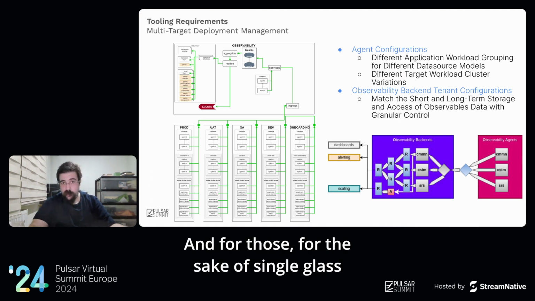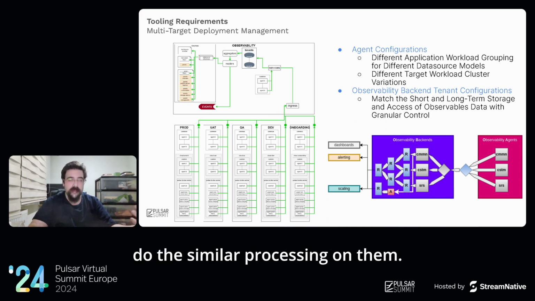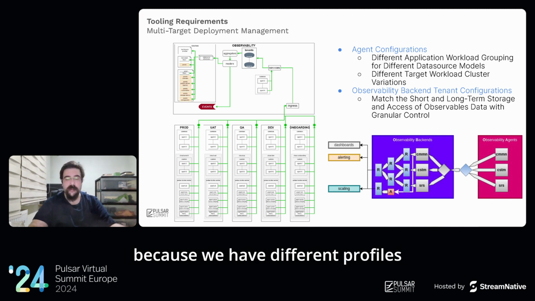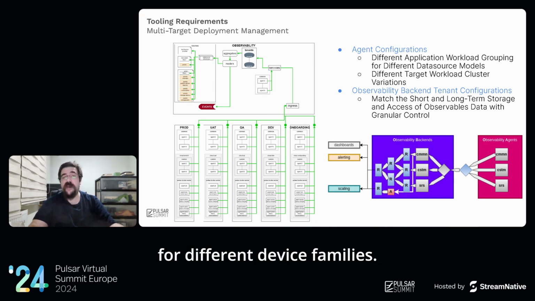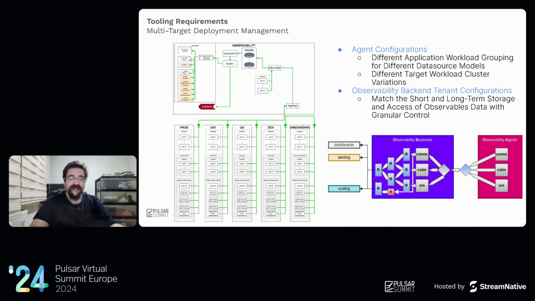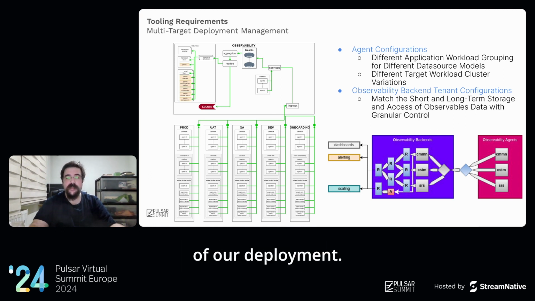And for the sake of a single class of observability, we need to consolidate them and do similar processing on them. So we need to simulate them as well, because we have different profiles for different target workloads, for different device families. So we end up with a multi-target deployment management complexity where we need to employ different flavors of our deployment.